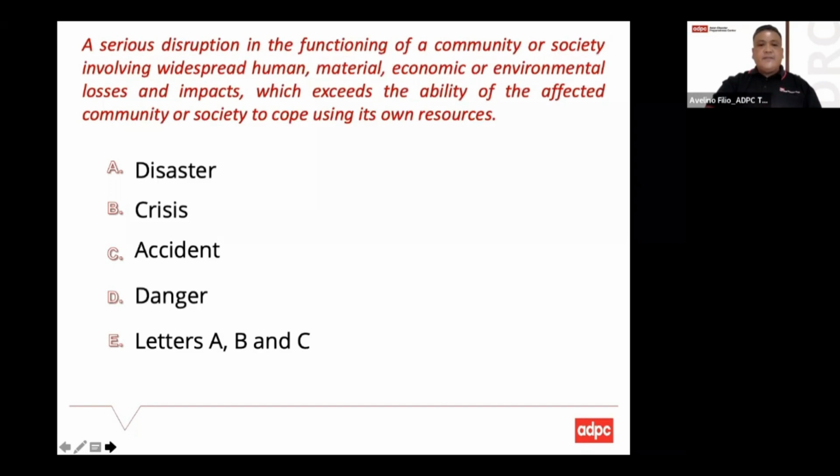Now, it's a serious disruption in the functioning of a community or society involving widespread human, material, economic, or environmental losses or impacts, which exceeds the ability of the affected community or society to cope using its own resources. I think the key word here is which exceeds the ability of the affected community, wherein it needs external help or assistance.